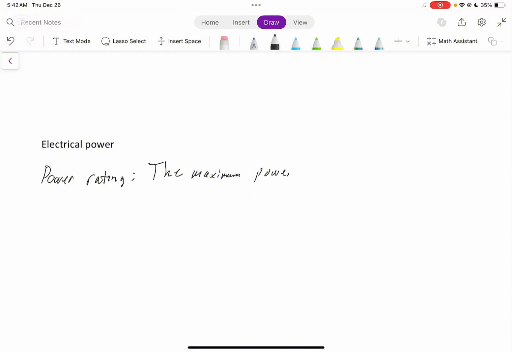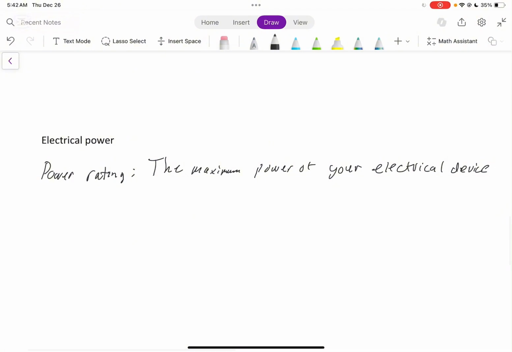And something you'll notice is that sometimes you'll have a 5-watt brick, a 10-watt brick. All of these terms are forms of electrical power that we see in our everyday lives. Really, our electronic devices do have a power rating, and this is used all throughout the world.